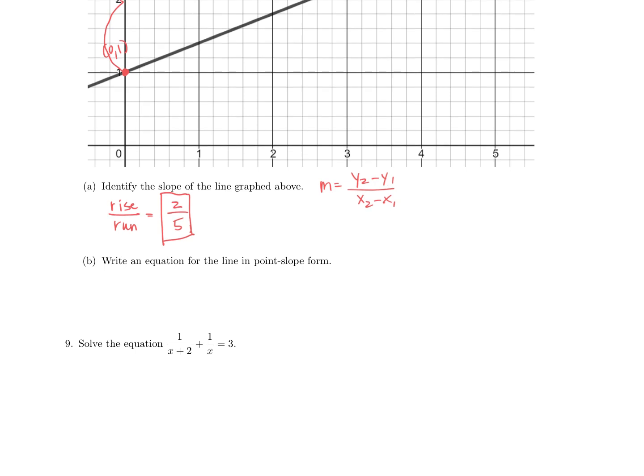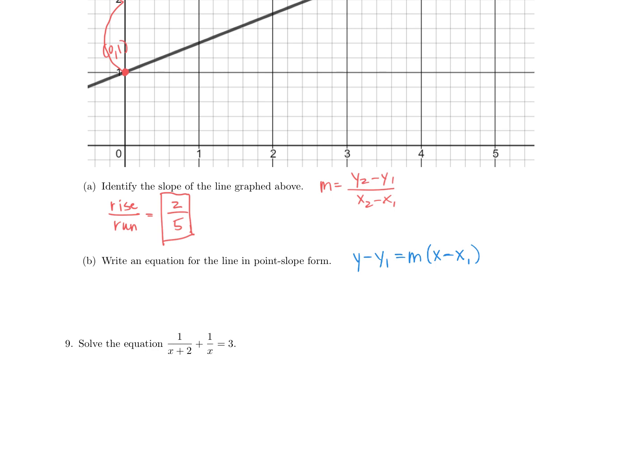Okay, and so part B is write an equation of the line in point slope form. So in order to do that, you first have to know what that form is. So that is y minus y sub 1 is equal to m times x minus x sub 1. So that's the equation of the line.